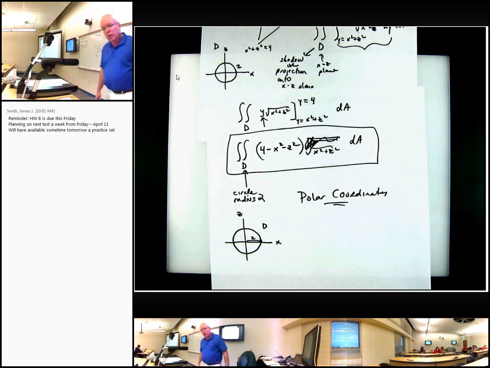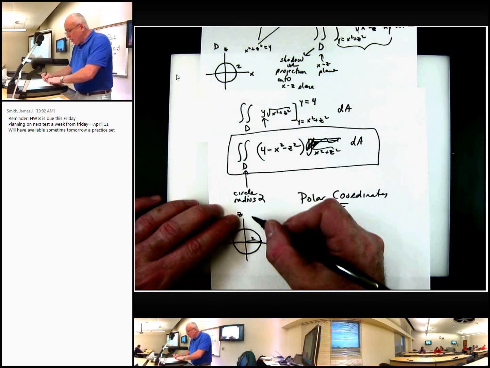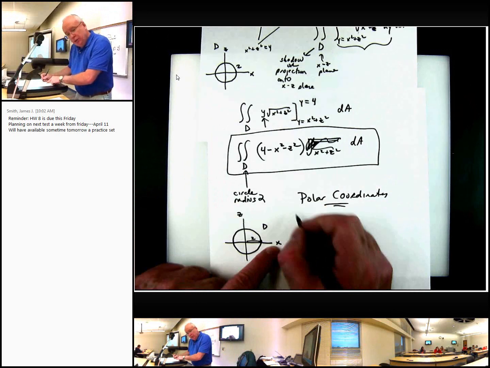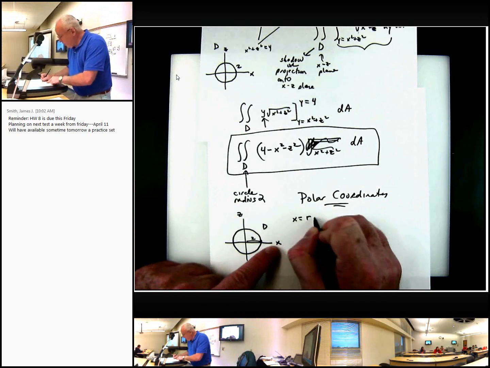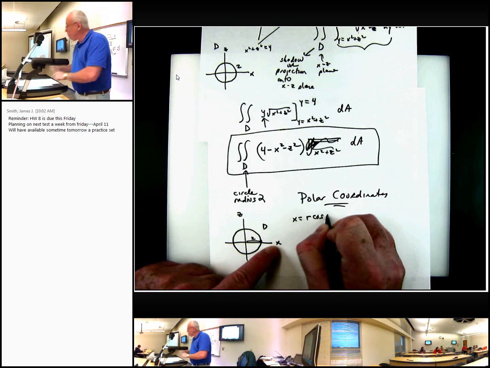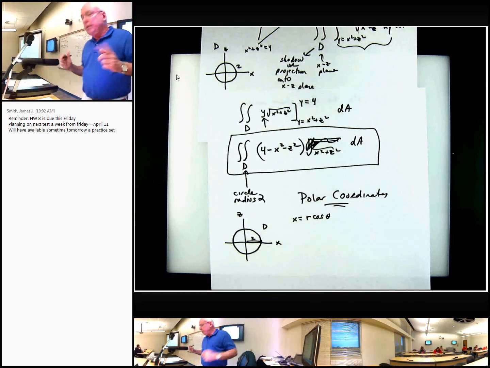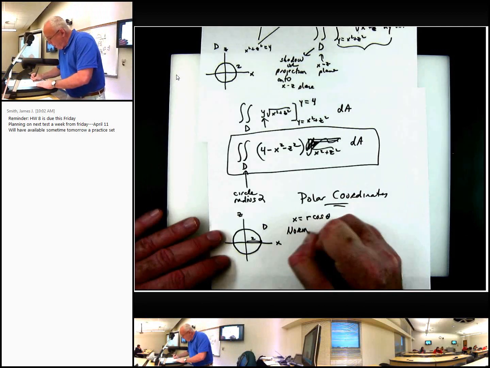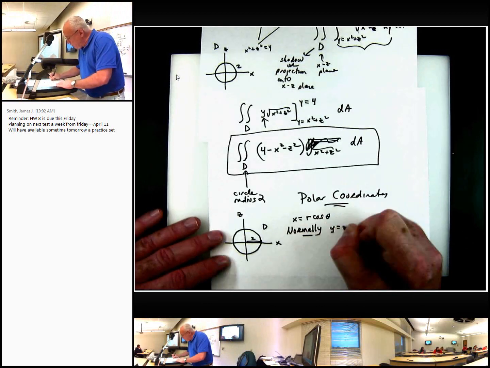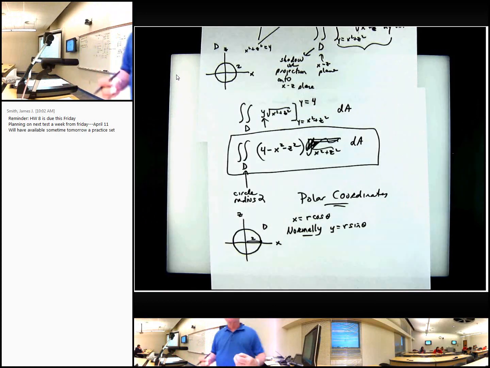Okay. Well, normally we do the substitution, x is going to equal r cosine of theta, right, when we go to polar coordinates. Now, normally, it's y equals r sine of theta, but we don't have a y-axis here, we have a z-axis.